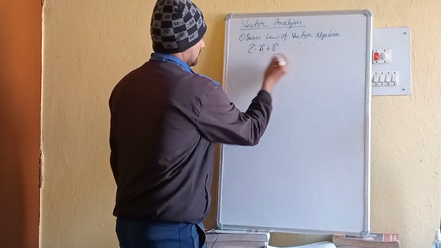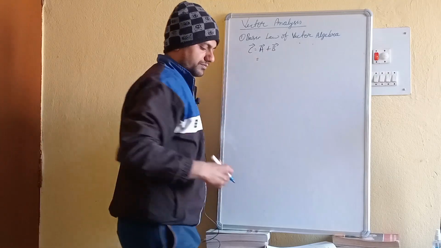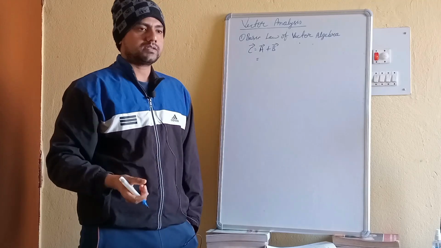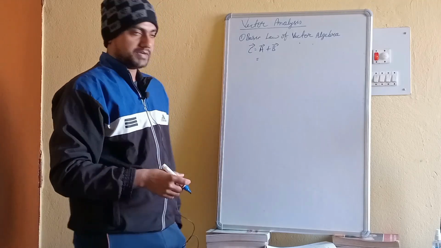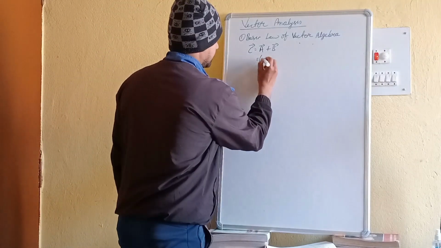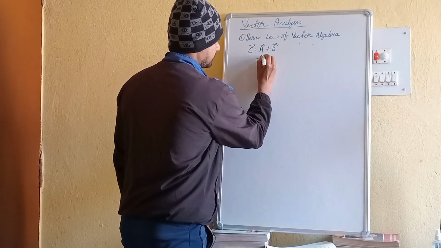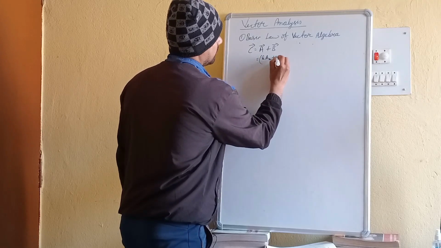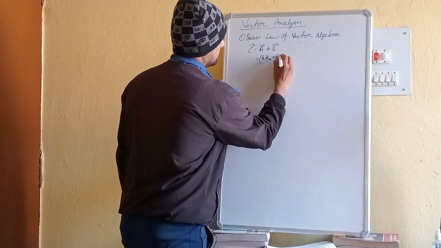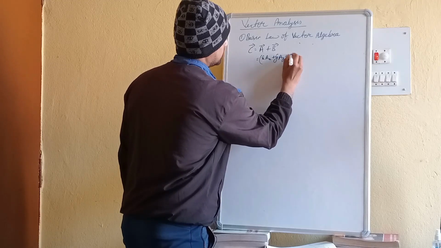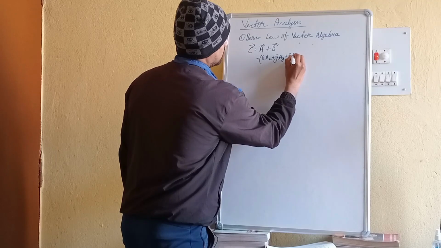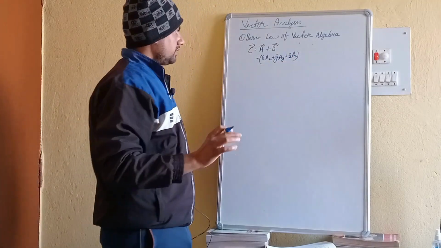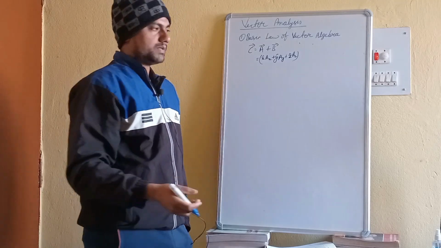And earlier I already explained how we can write down a vector using its components. So for that I can write x cap Ax plus y cap Ay plus z cap Az. This is vector A using components of that particular vector.